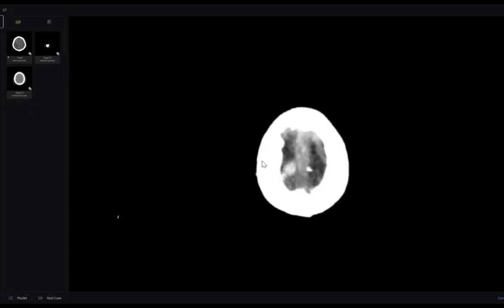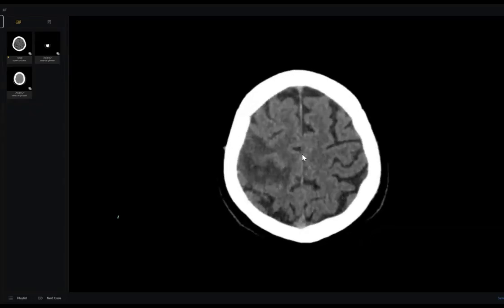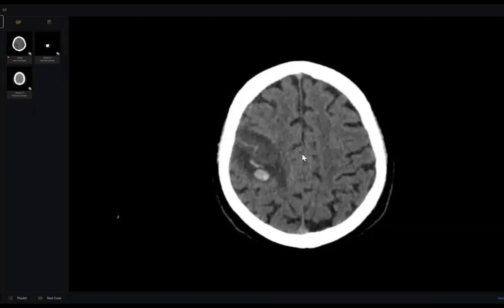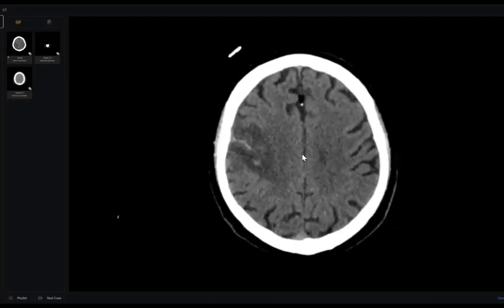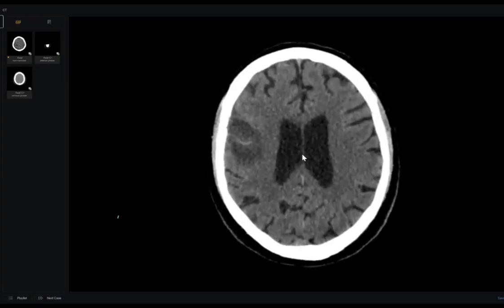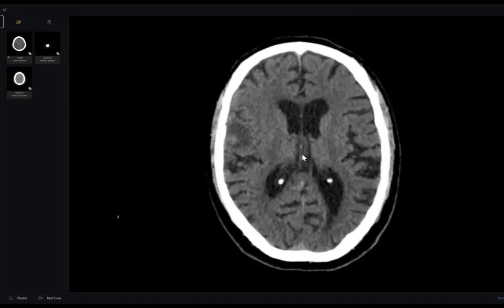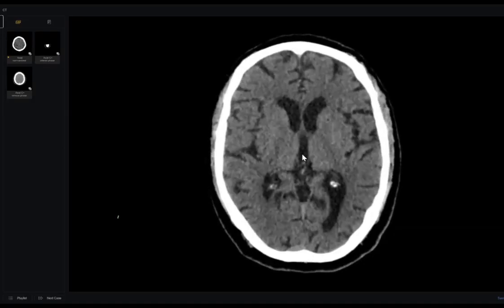Here we see hyperdensity in the cortical veins and the SSS, and edema surrounding hyperdensity. So this is definitely a hemorrhagic infarction, and we mention hemorrhagic metastases only as a differential.